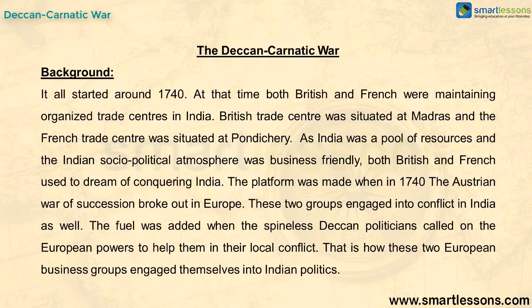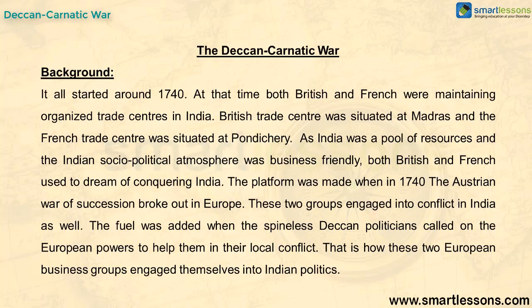So let us first discuss the background, the platform on which the British started establishing their colonialism, and it all started around 1740. At that time, both British and French were maintaining organized trade centers in India.